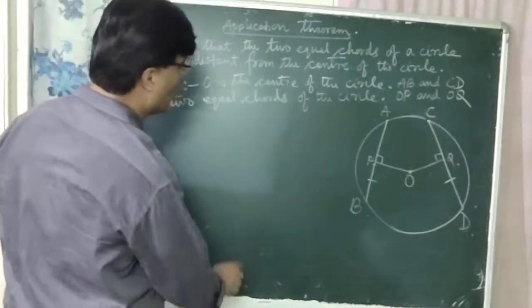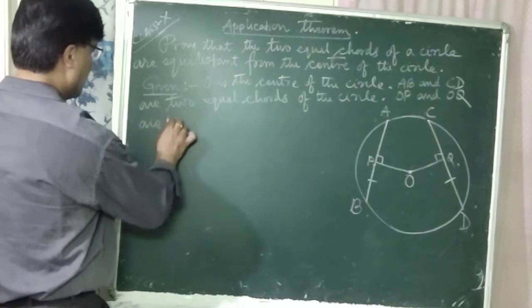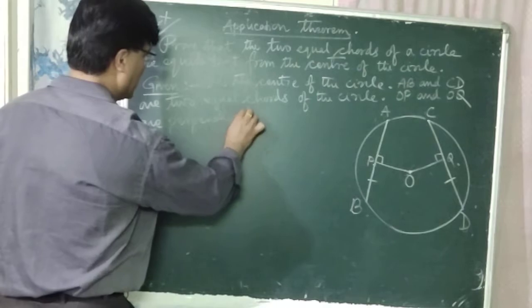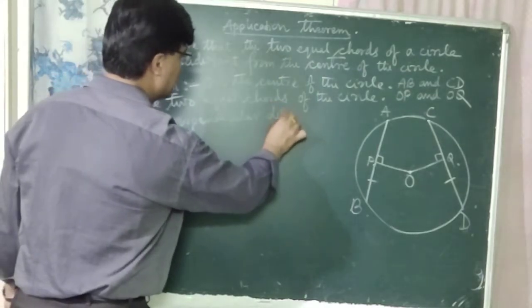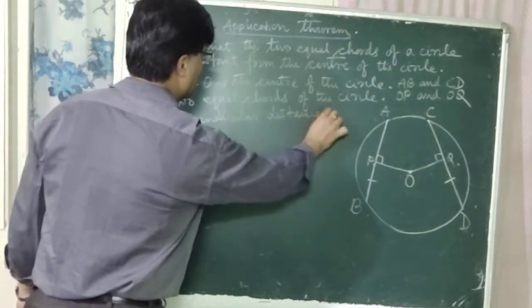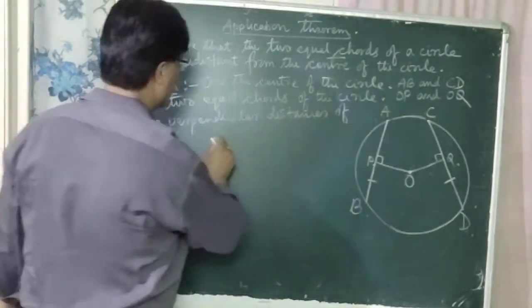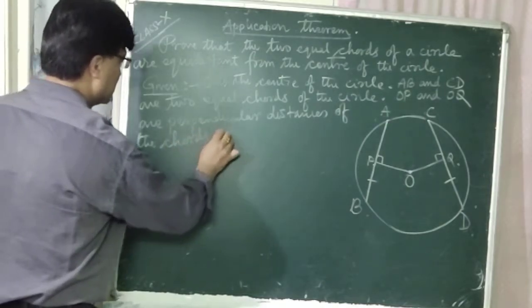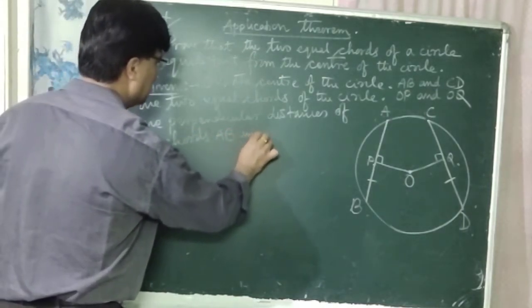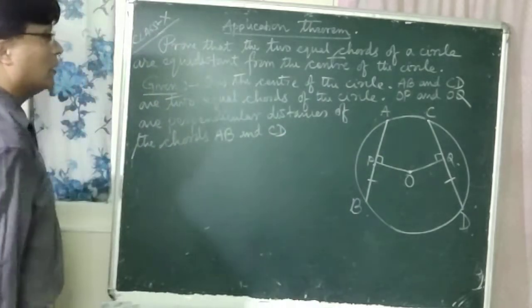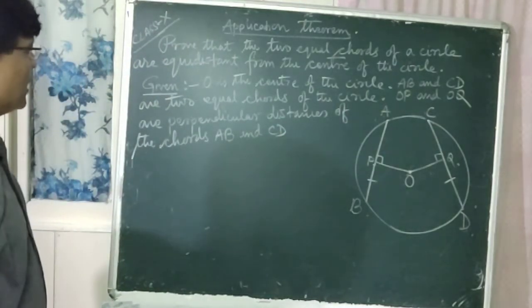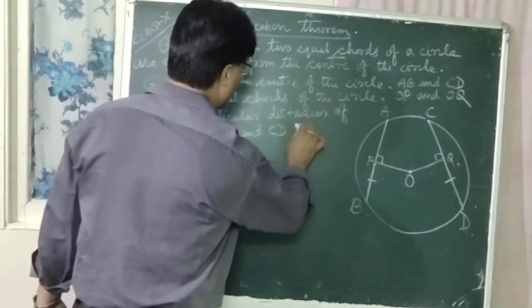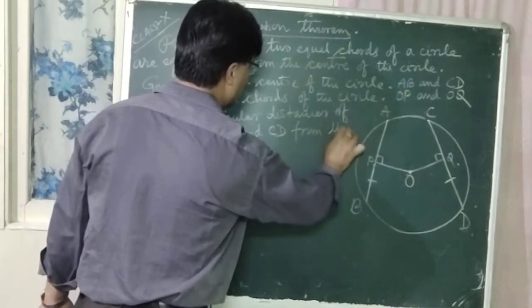So OP and OQ are perpendicular distances of the chords AB and CD from the center O.